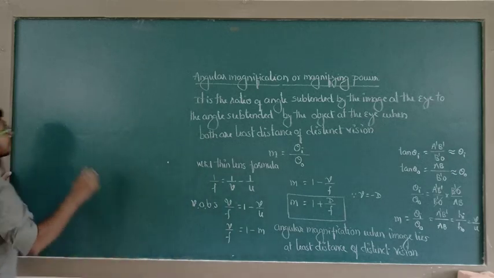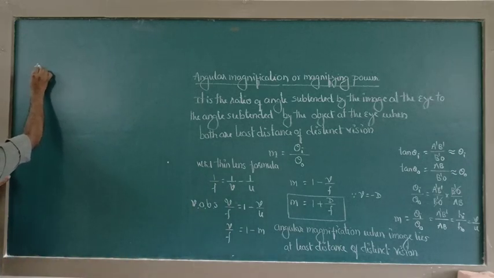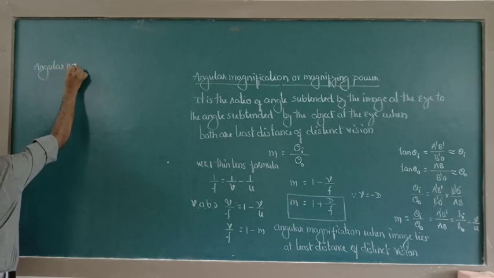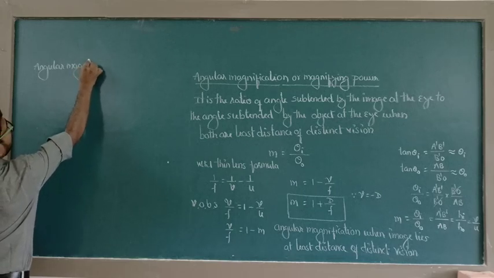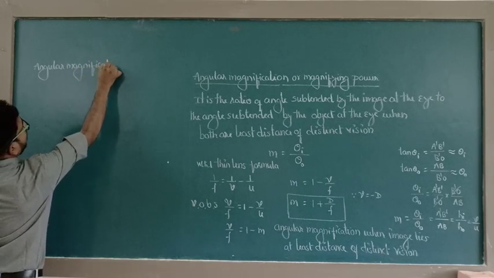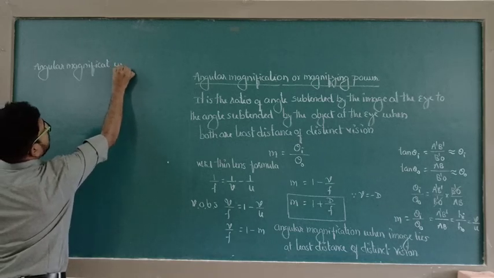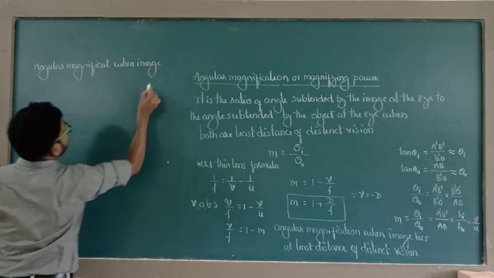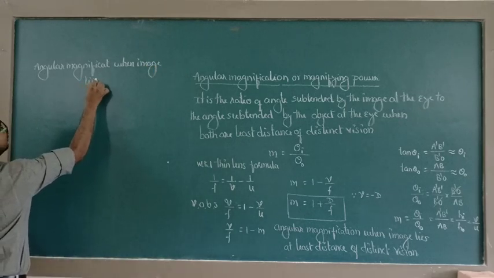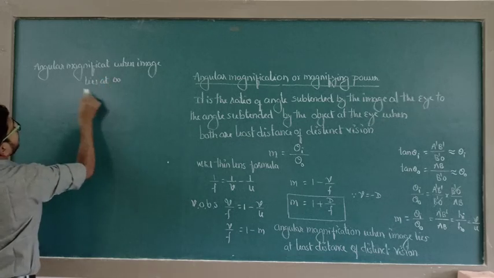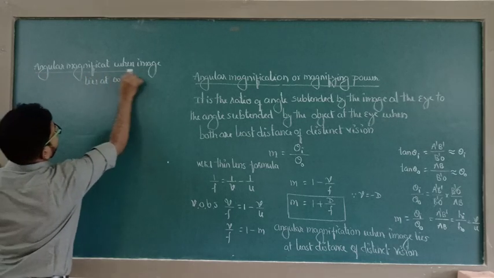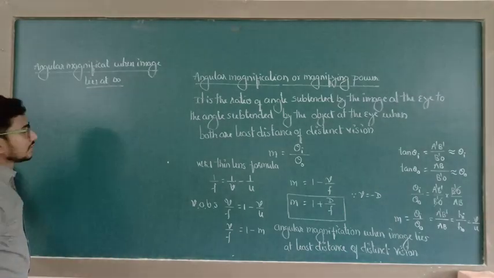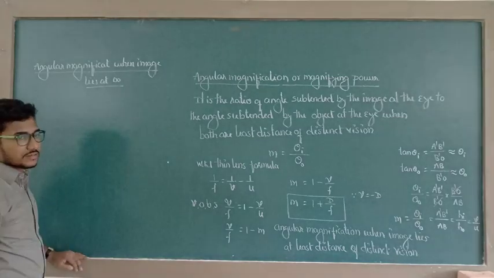Magnifying power or angular magnification when the image lies at infinity. Second setting, the first setting is the image lies at the least distance of distinct vision. The second setting is the image lies at infinity.